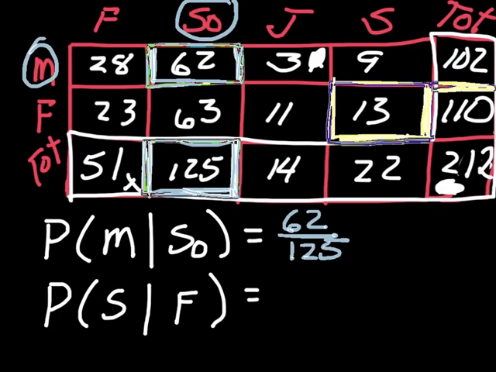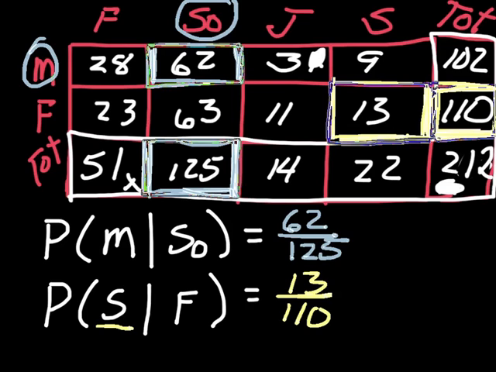So in this case, I want to take the row total right there. So I want the female seniors, or the probability of a senior, given that it's a female. So I start out with all the females, and then I want to find the number of senior females, basically. And so that probability is 13 out of 110.